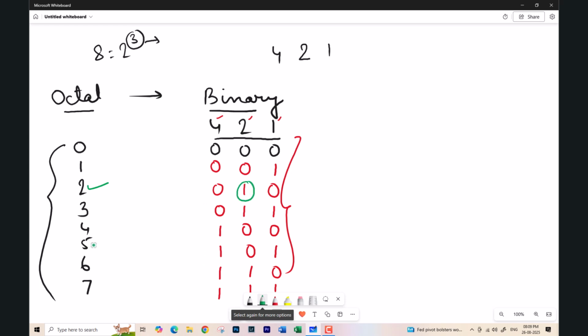Now for this 5 I am taking 4 and 1. Why? Because 4 plus 1 is 5. That's why we are taking 4 and 1. Now for this 6 we are taking only 4 and 2, because 4 plus 2 gives us 6. So in this way we have to represent octal number in the form of binary.